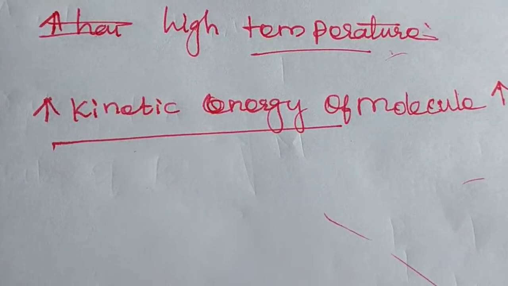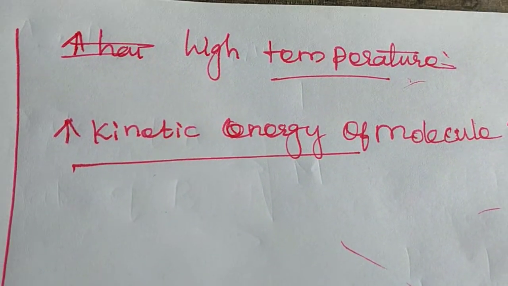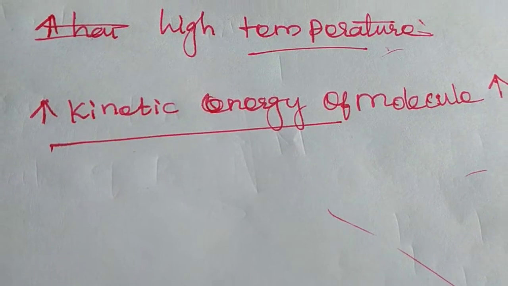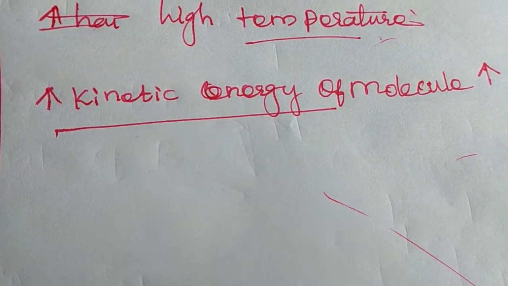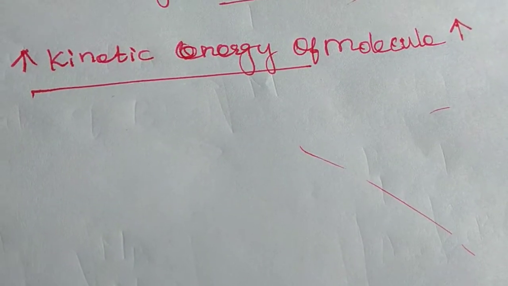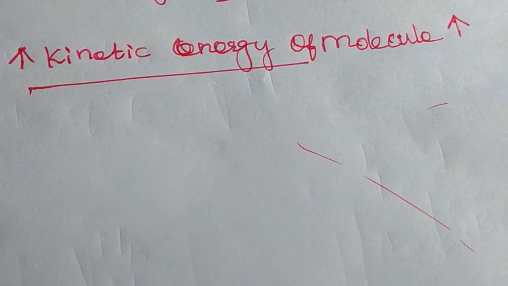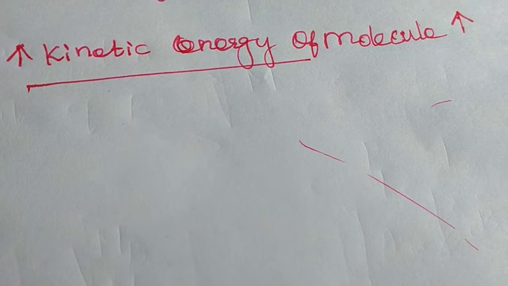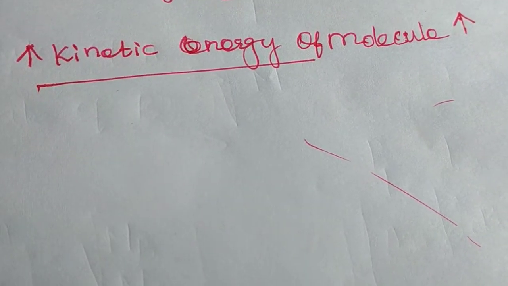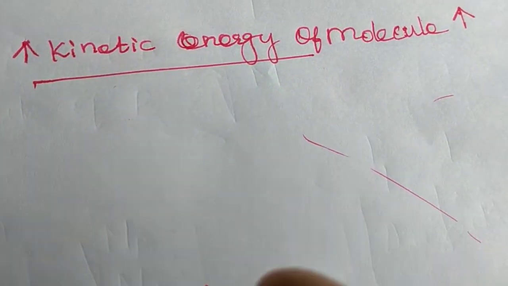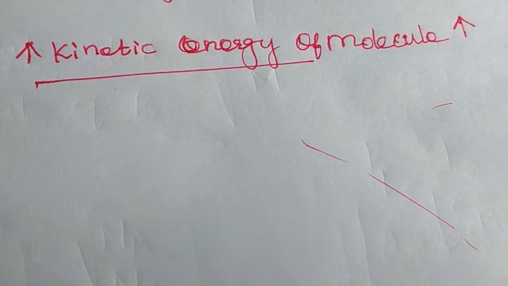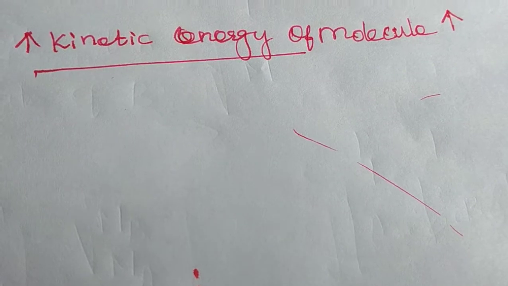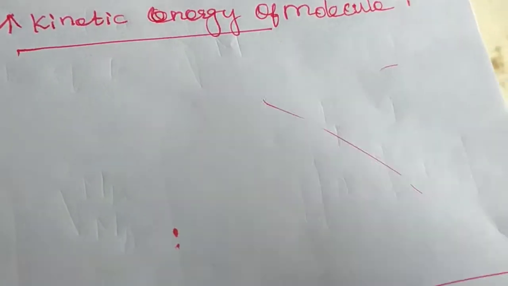So when the real gas behaves as an ideal gas, real gas will behave as an ideal gas under a particular pressure and temperature. That particular temperature we call the Boyle temperature or Boyle point.